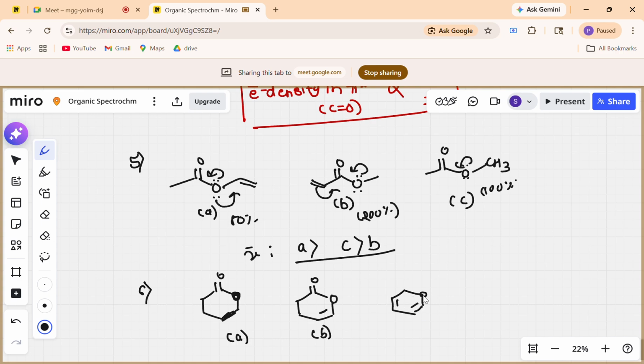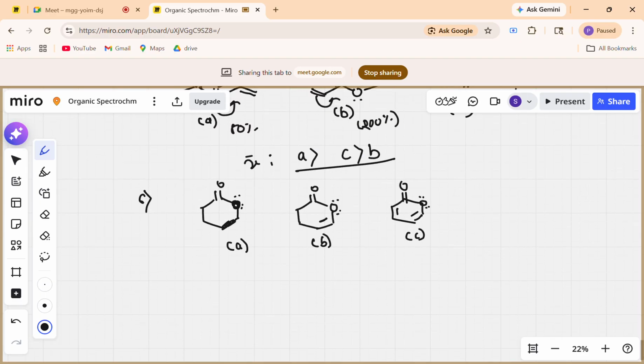There is oxygen here. A, B, and C. Can you solve this question?